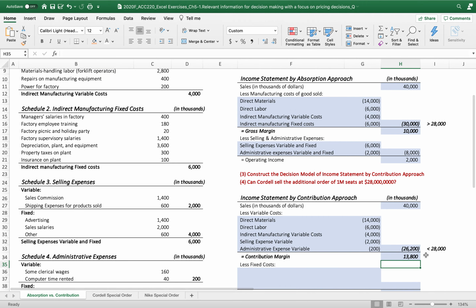So the results are totally different. $28 million additional order of 1 million seats now is definitely higher than this variable cost, so the company makes a decision that they take this special order for $28 million additional sales.